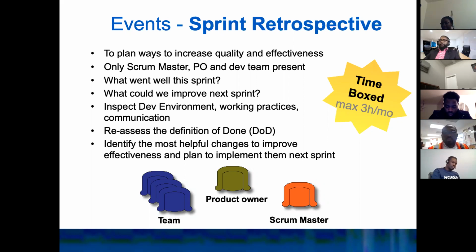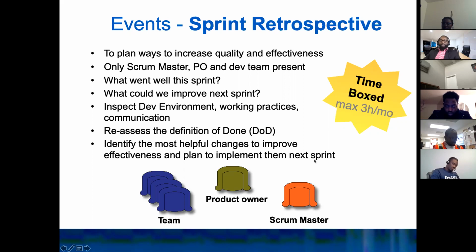And we identify the most helpful changes to improve the effectiveness, and a plan to implement them in the next sprint. That's very important. During the test, they're going to be asking you what is actually the output of the sprint retrospective, okay? This is one important bullet point. They're going to give you a lot of answers, a lot of options, and some of them are not going to have identified the most helpful changes to improve the effectiveness and plan to implement them next sprint.